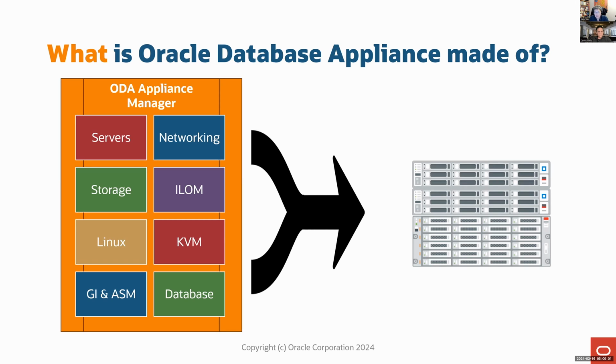We add ILOM, which is the integrated lights out management, which allows customers to put ODAs in locations that do not have a physical presence, mix in some decent amounts of Oracle Linux with virtualization from KVM, add an Oracle database layer in terms of GI and ASM, as well as a lot of database magic. Wrap it all up with something called the Oracle Database Appliance Manager, and you have an engineered system.